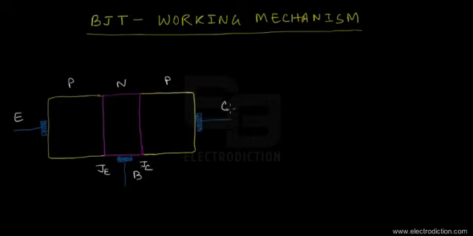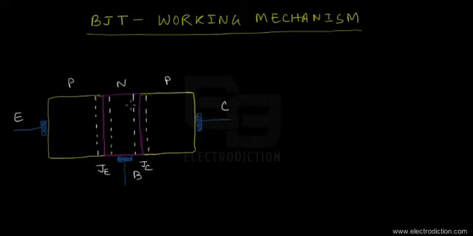Whenever we take a PNP type BJT, as you can see in this figure, in case of a BJT not connected to any voltage sources, there would be barriers, or rather depletion regions, that form across the emitter junction, and of course another depletion region would be formed across the collector junction.